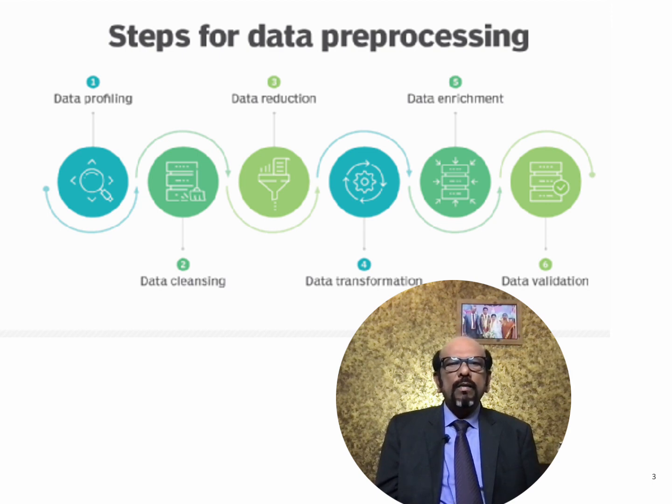Then the third activity is called data reduction. Optimization of the number of columns and other things. Removing unwanted rows, removing unwanted columns. Then we do an intelligent activity called data transformation and enrichment.